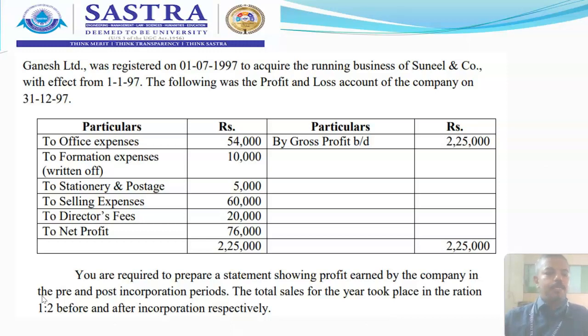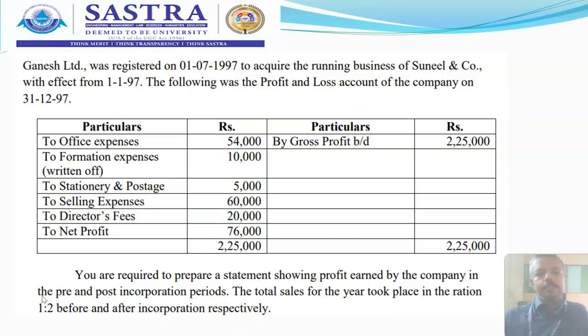So the first sum which we are going to solve now is profit prior to incorporation of Ganesh Limited. Ganesh Limited is a company registered on 1st July 1997 to acquire the running business of Sunil Company with effect from 1st January 1997.